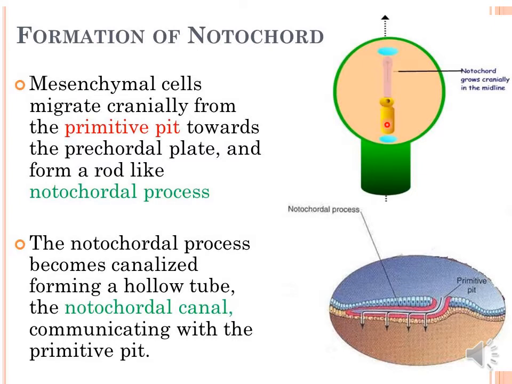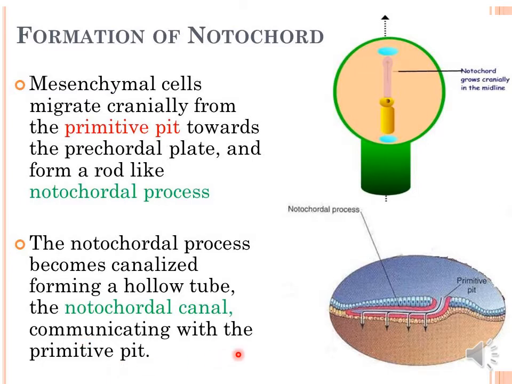This is the primitive streak. As I mentioned, it starts from the primitive node and goes in the cranial direction, growing until it reaches the future mouth. It becomes canalized, forming a hollow tube, which is the notochordal canal.